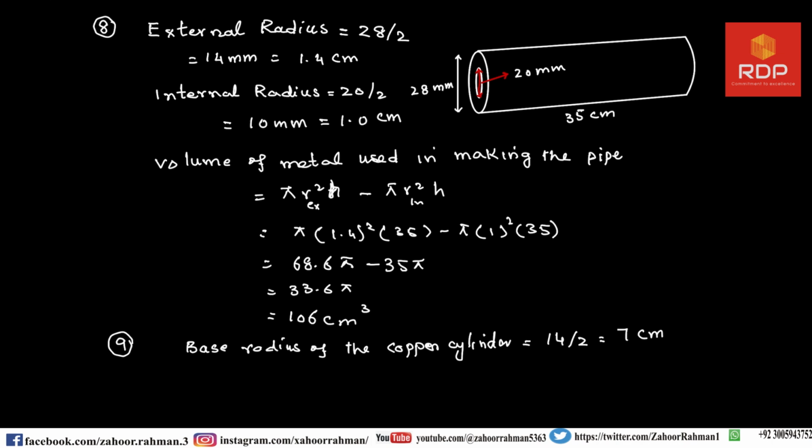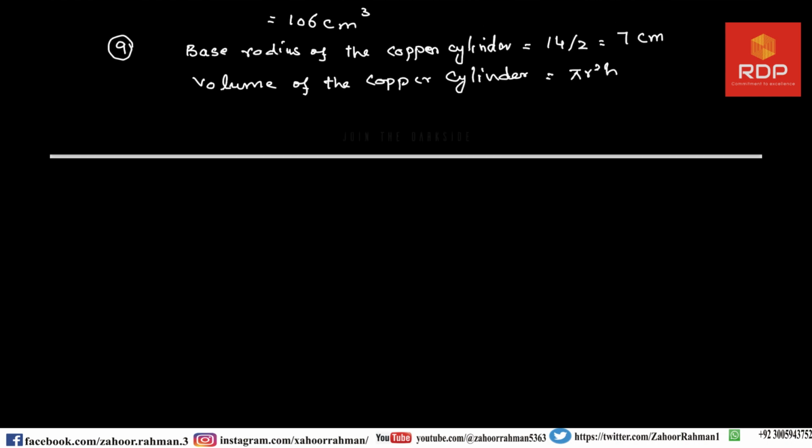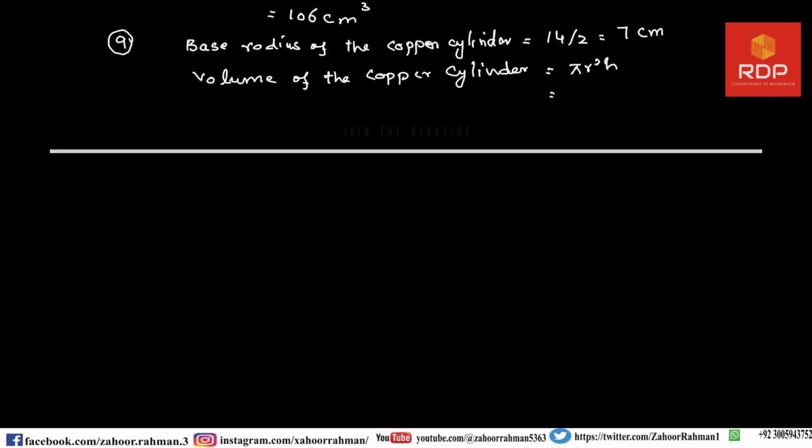So the volume of the copper cylinder: we have all the values, so it is pi r squared h, and we simply put the values in. Pi, 7 squared and 47, all these values are given to us.